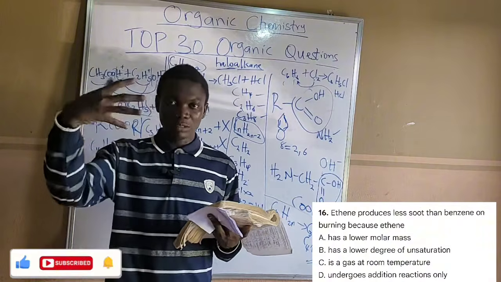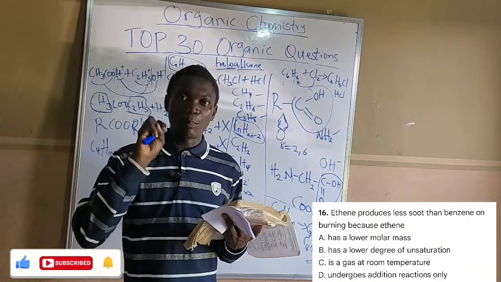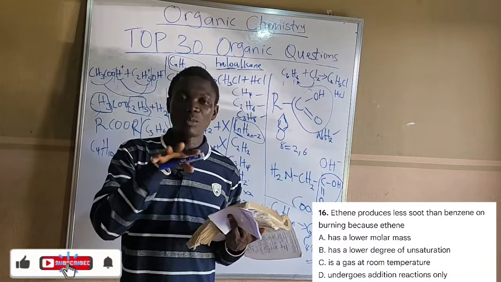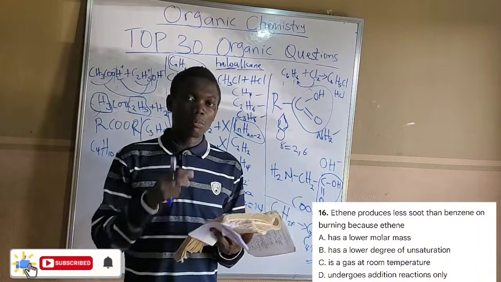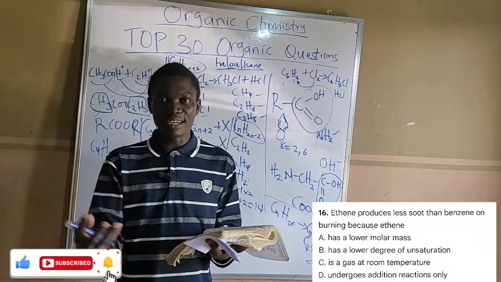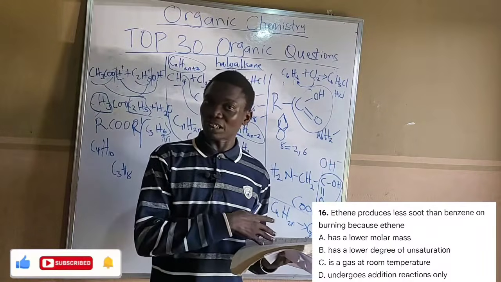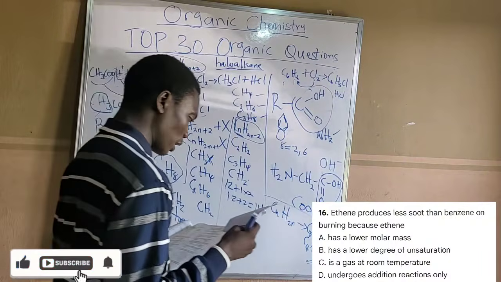But ethyne still has triple bond, which is more than double bond, so the sooty flame of ethyne is still more. So because it has a low degree of unsaturation, it is the least. Okay, take note of that. Take note, alkane is not unsaturated, it's saturated, but that's for that. All right, let's go to the next question.